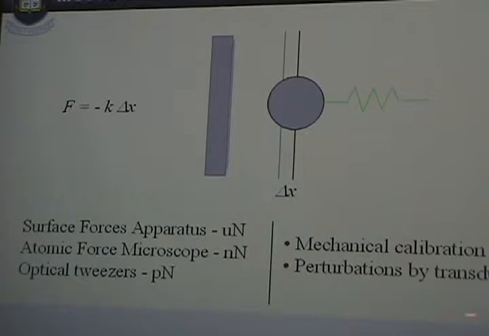And then you always have to worry about perturbations from the transducer. And all these things become more and more important as you try to measure smaller and smaller forces. And they become especially difficult if you want to measure femtonewton forces that are important for colloidal physics, because not only do you have to deal with these things, you also have to contend with thermal fluctuations. Thermal fluctuations become exceedingly important.